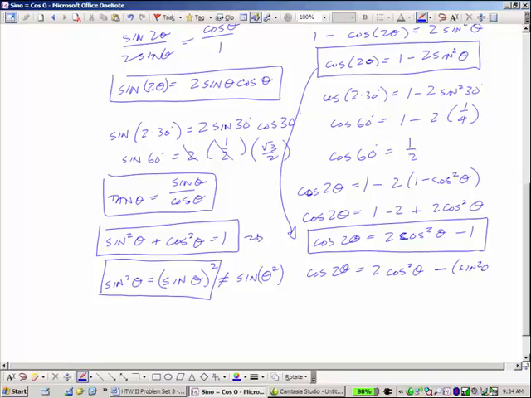Sine squared theta plus cosine squared theta. I have to distribute, and I get 2 cosine squared theta minus sine squared theta minus cosine squared theta. What's 2 cosine squared theta minus cosine squared theta? I get cosine squared theta minus sine squared theta.